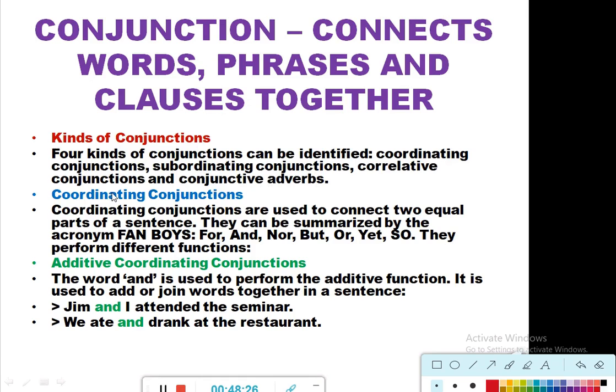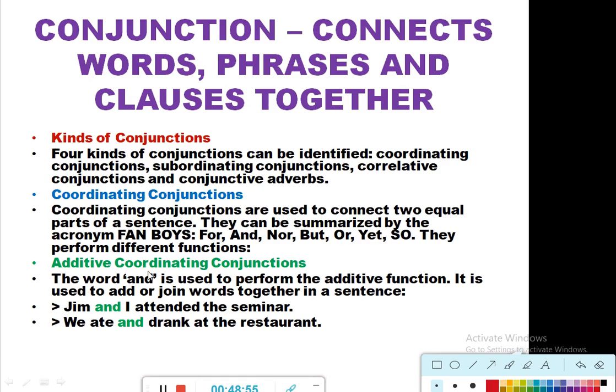Now I'm talking about coordinating conjunctions. Coordinating conjunctions are used to connect two equal parts of a sentence. They can be summarized by the acronym FANBOYS, and this acronym stands for the following words: for, and, nor, but, or, yet, and so. They perform different functions.